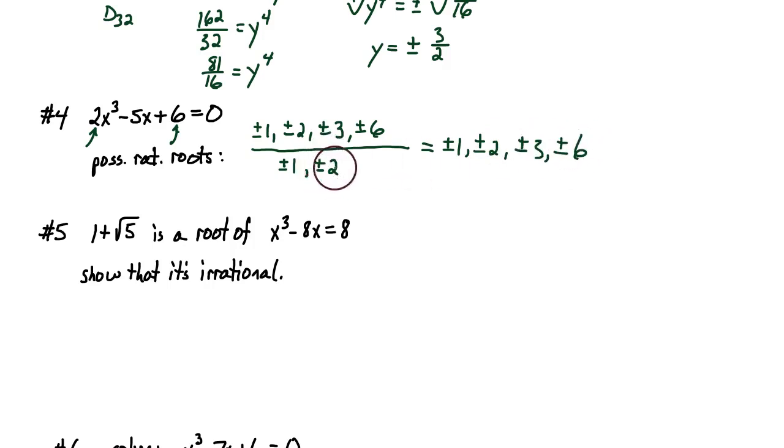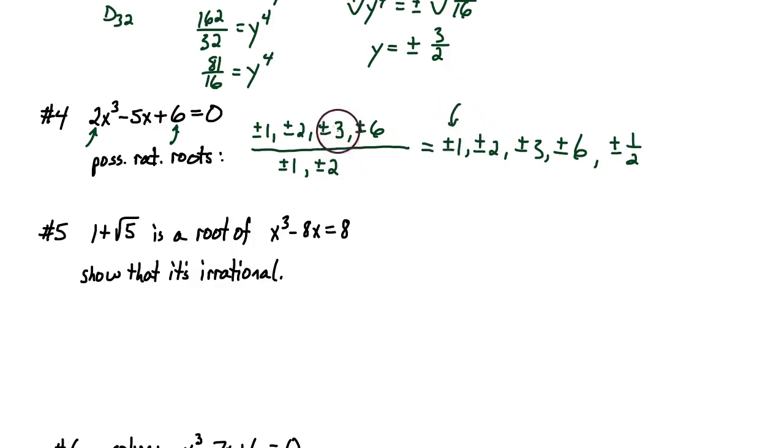On the other hand, if we choose the 2s as our denominator, let's think about what numbers we would get when we divide all of those numerator possibilities by the 2s. The 1s divided by the 2s would create positive or negative 1/2. 2 divided by 2 would make the positive or negative 1, which we already have in our list.